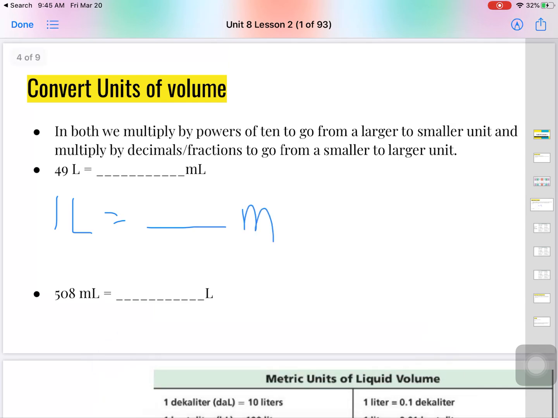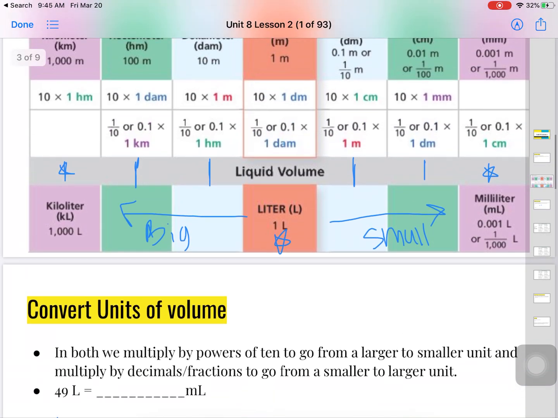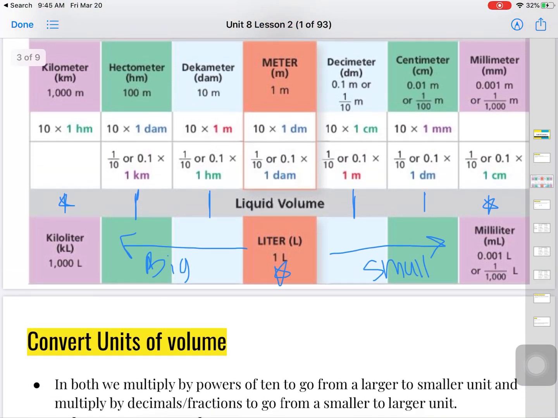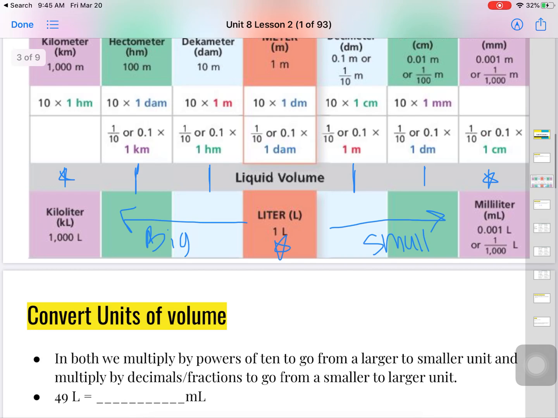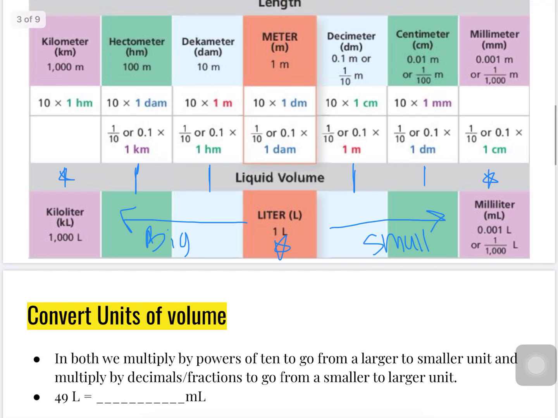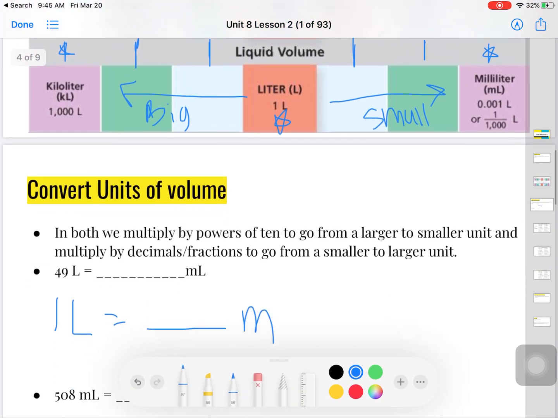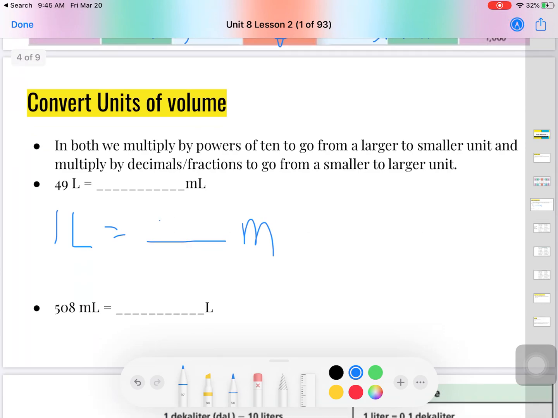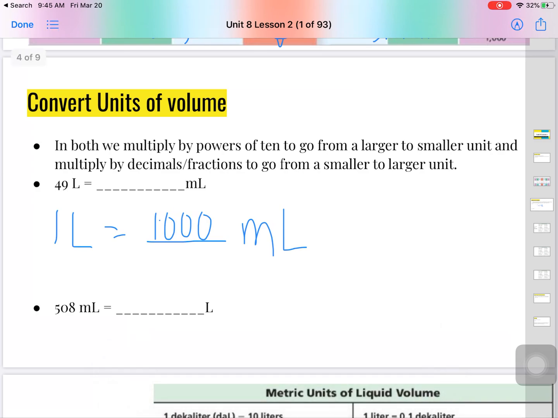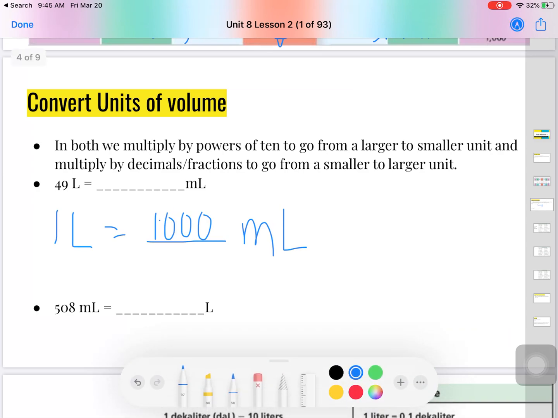So just like yesterday, we looked at the 1 unit. So I'm going to come over here and I see that 1 liter and I want to go to milliliters. So I'm going to go all the way down and it looks like in 1 liter there are 1,000 milliliters. So I'm going to go ahead and multiply 49 times 1,000.